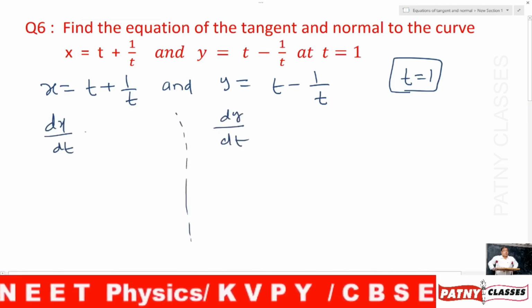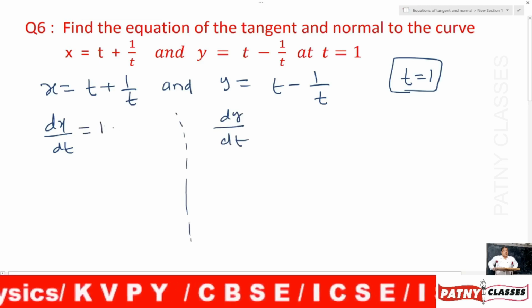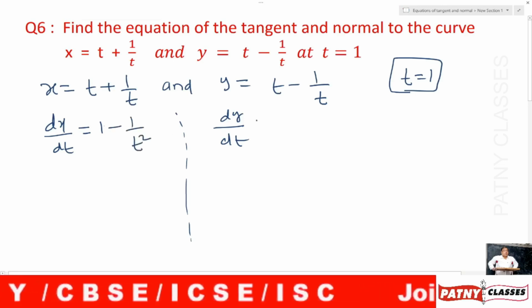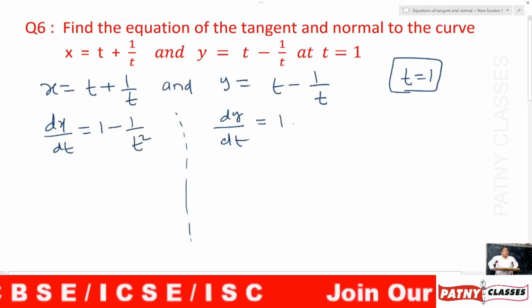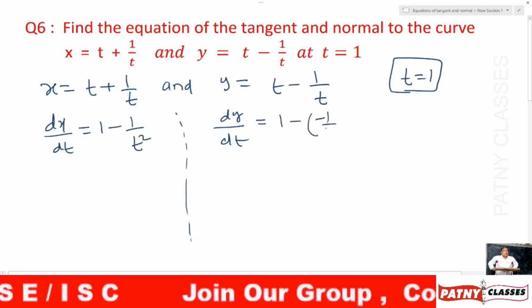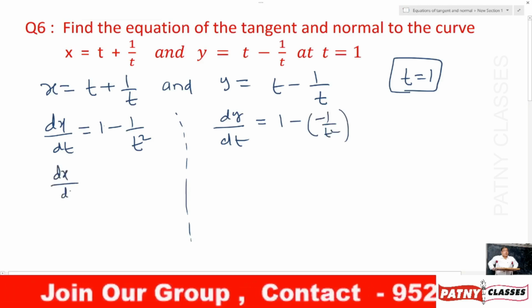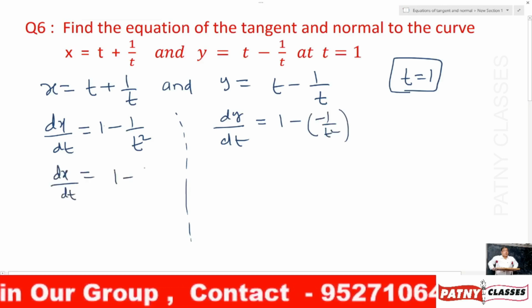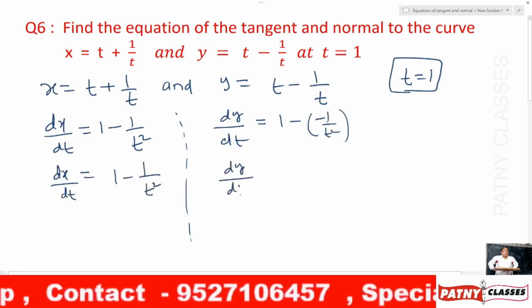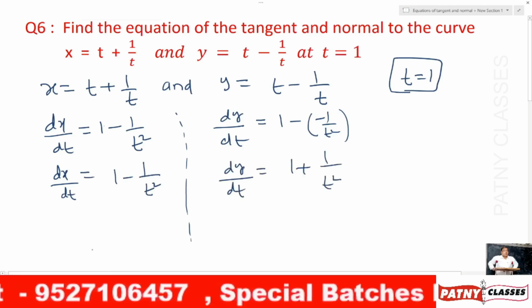Derivative of t is 1 and derivative of 1 upon t is minus 1 upon t square. So dx by dt equals 1 minus 1 upon t square and dy by dt equals 1 plus 1 upon t square.